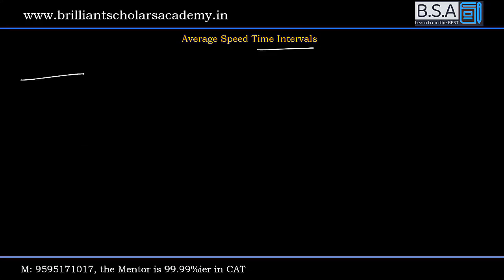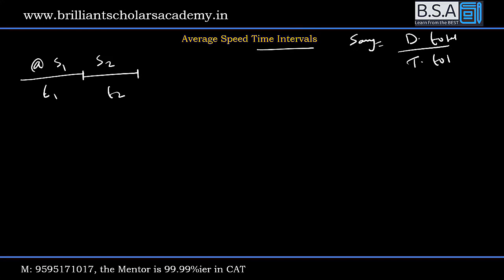Let us say there are two time intervals, time t1 and time t2, and speeds will be given. The speed for the first part is s1 and second is s2. So you remember the speed average formula is total distance upon total time.